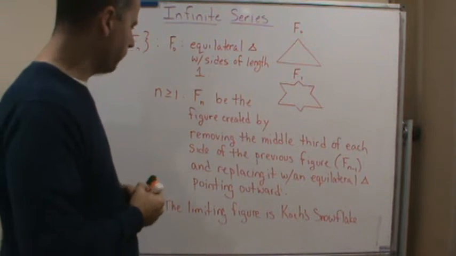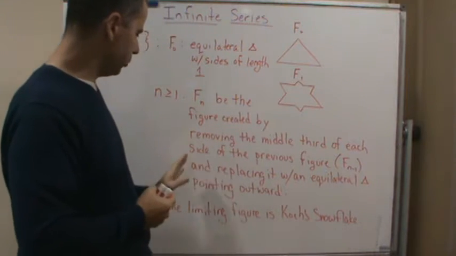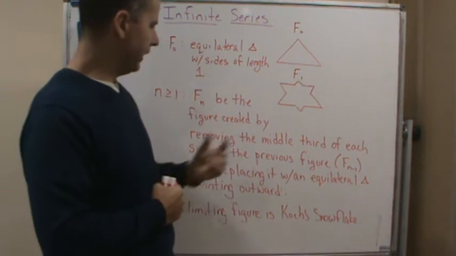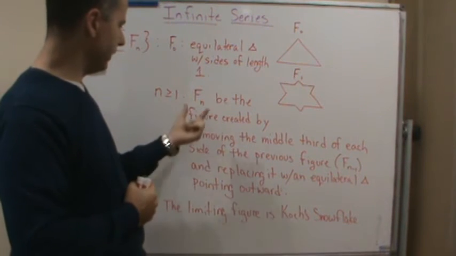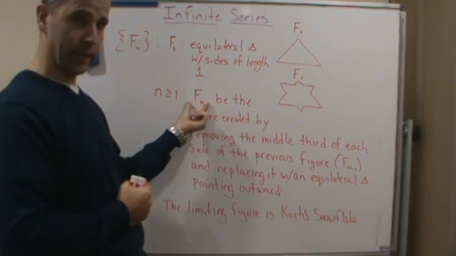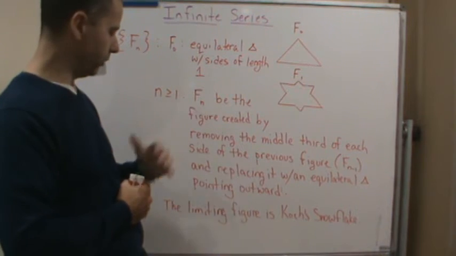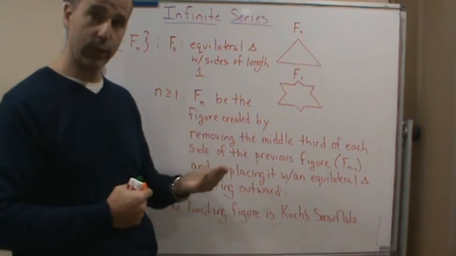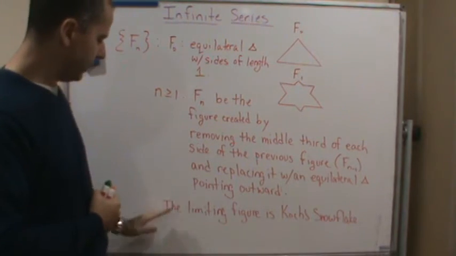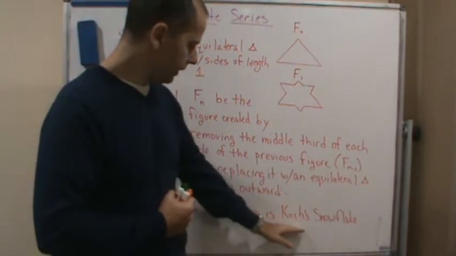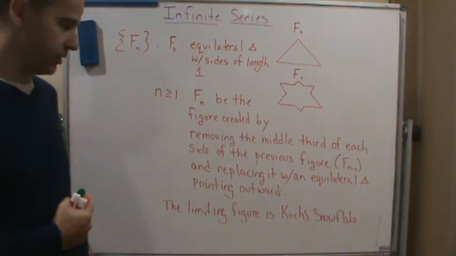So we replace it with an equilateral triangle on each side, pointing outward, and that's how we create f of n. That's defined recursively. And then as n goes to infinity, the limiting figure becomes what's known as Koch's snowflake.